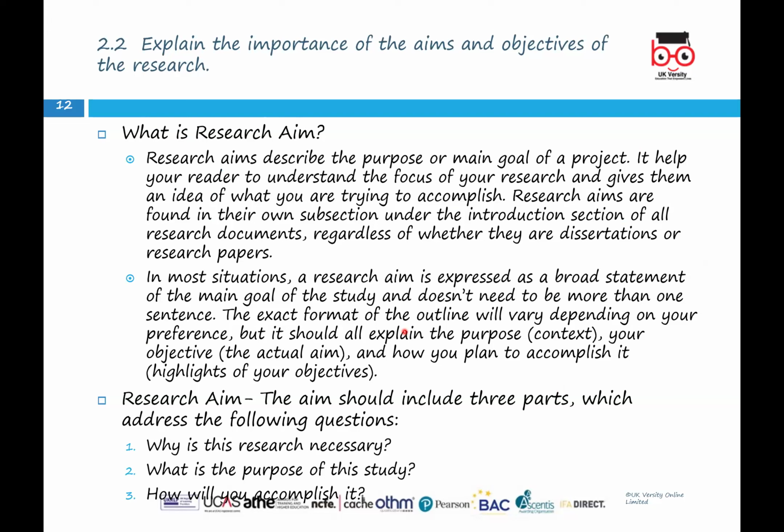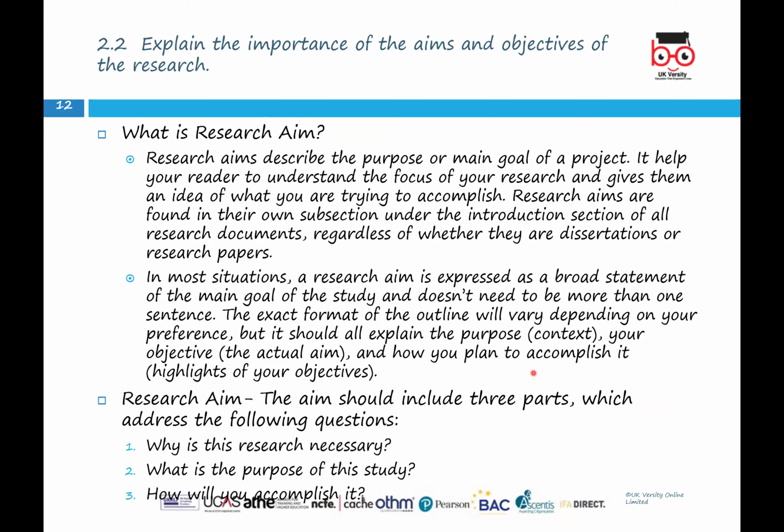Research aims are found in their own subsection, once you're done with your introduction and the background of your research. Later on, your research would then show your aims and your objectives. In most situations, a research aim is expressed as a broad statement of the main goal of your study and doesn't need to be more than one sentence.